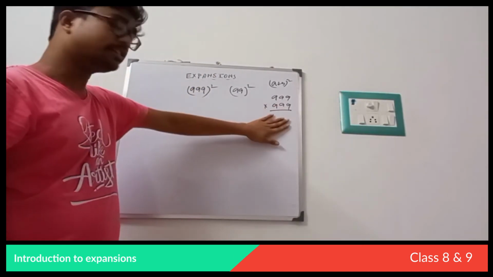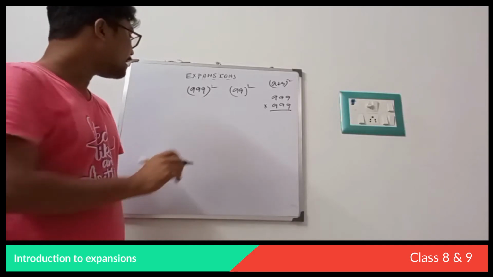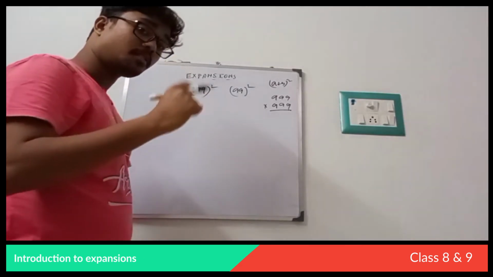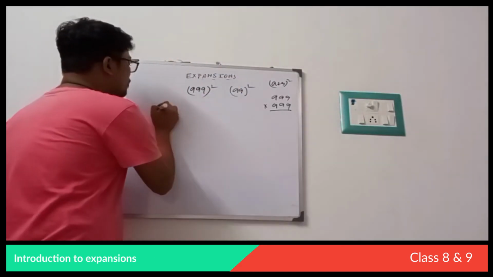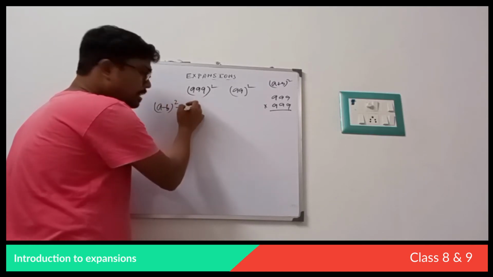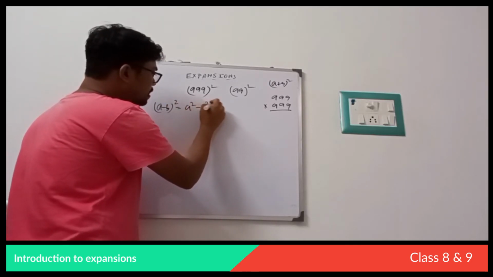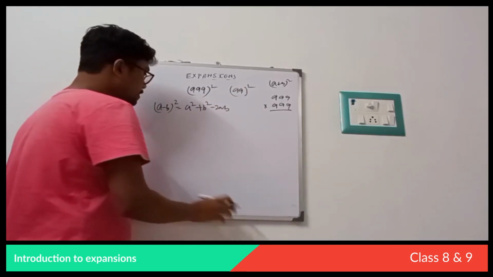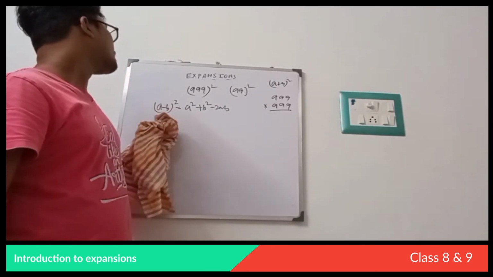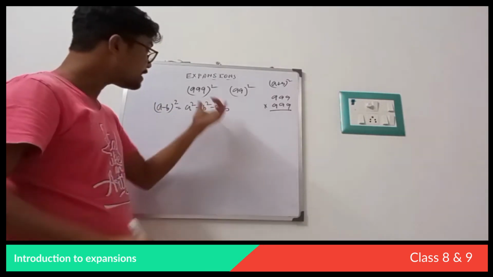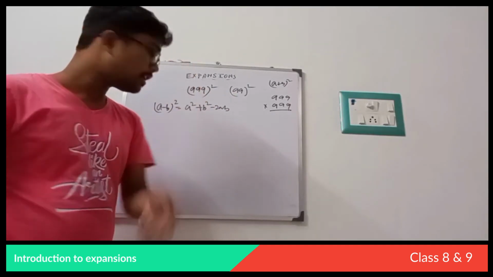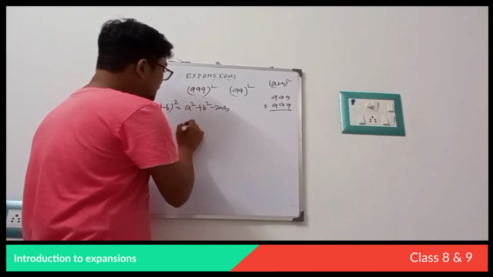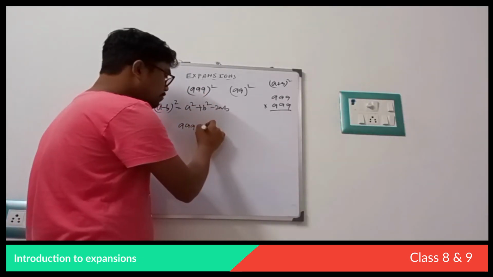So except this multiplication, we apply our expansion formula. What is the formula of a minus b whole square? A square plus b square minus 2ab. So here we have to write 999 or 99 in some way that we will get a minus b whole square. Suppose 999 can be written as 1000 minus 1.